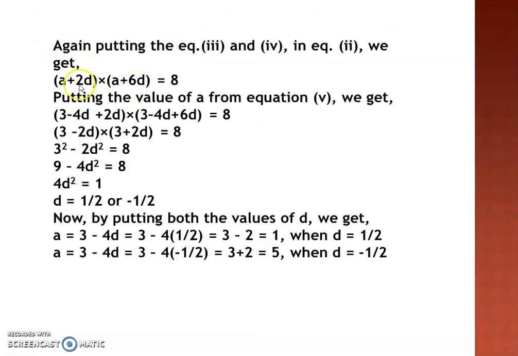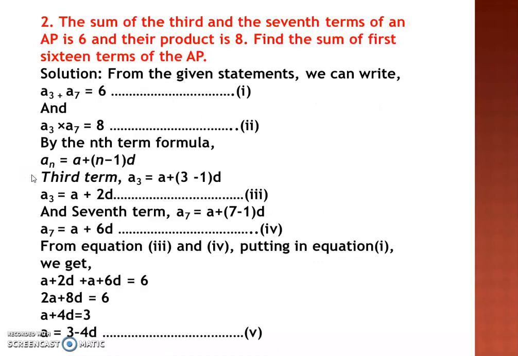Now from the second equation I will get the product of the two terms, that is A plus 2D into A plus 6D, third term into seventh term, equal to 8. Now over here there are two variables, but we already know A's value in terms of D, which we have found previously: A is equal to 3 minus 4D.